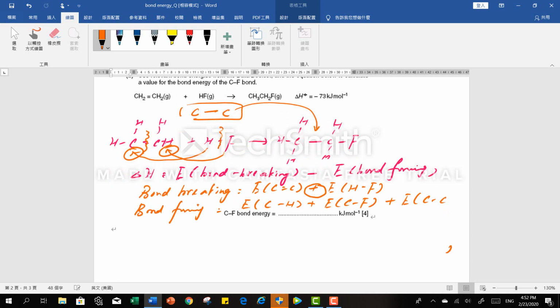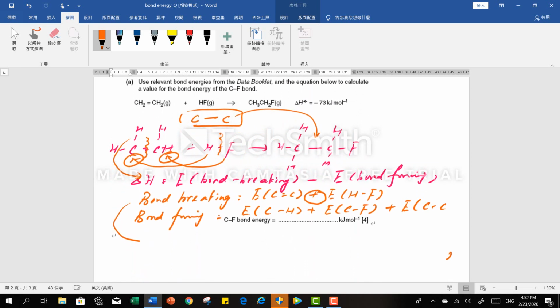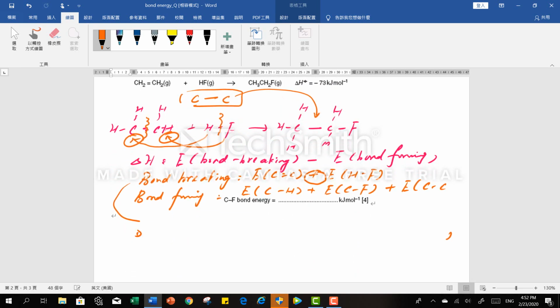So, then we substitute the numbers for bond breaking. You need to refer to your booklet, okay? I don't have a booklet here. So, let me see how much time I have left. Okay, I think I have enough time to find the booklet.